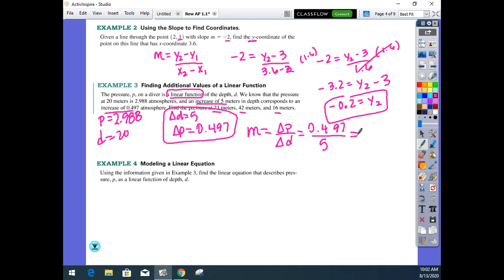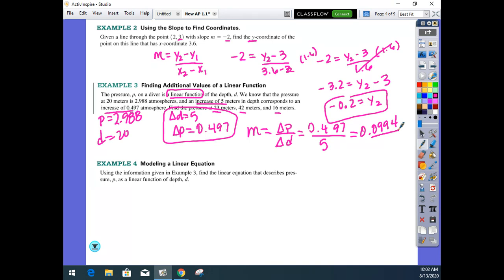So we get a slope of 0.0994. If you get a non-ending decimal, always go 4 decimal places. All answers will be expected to be correct to 3 decimals. So if you always go 4, you know you're going to be good.